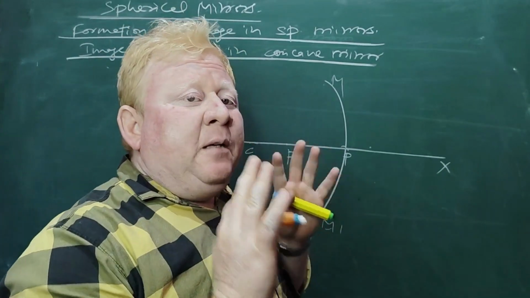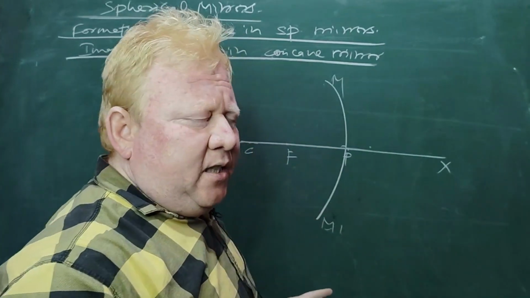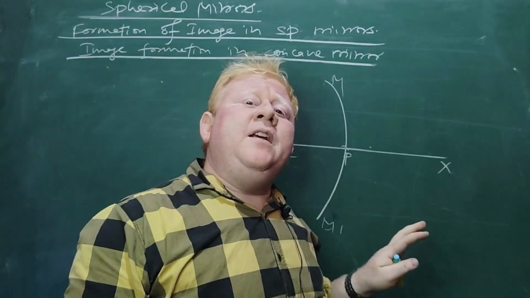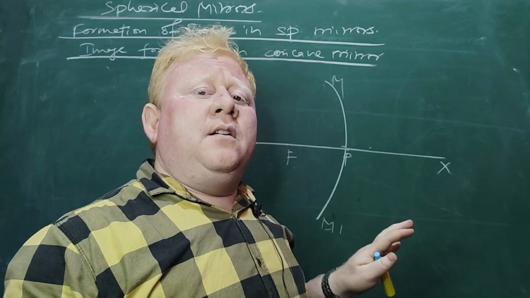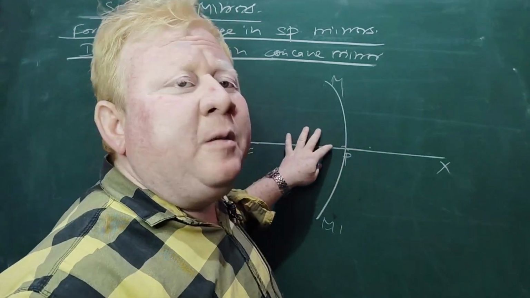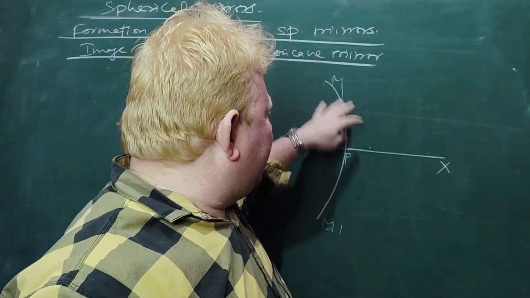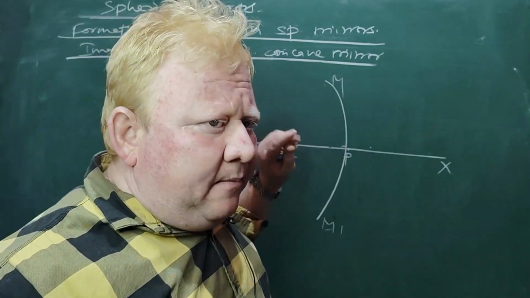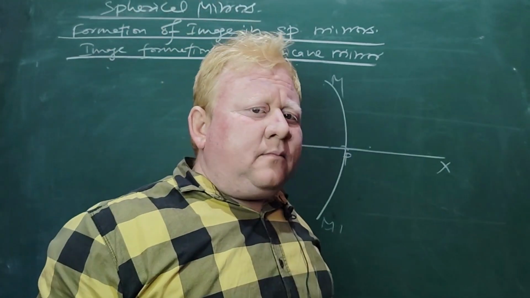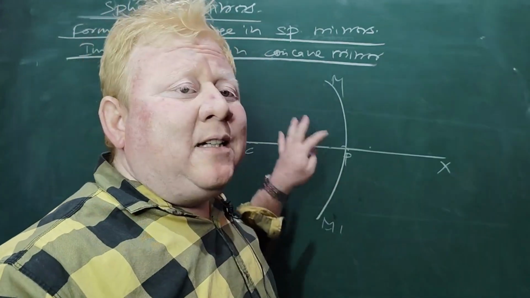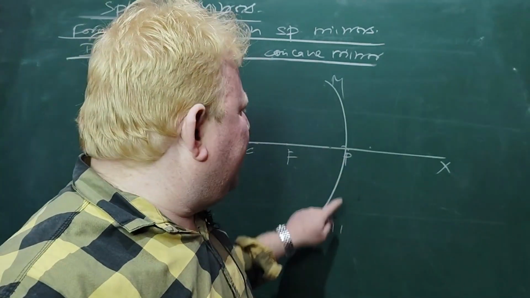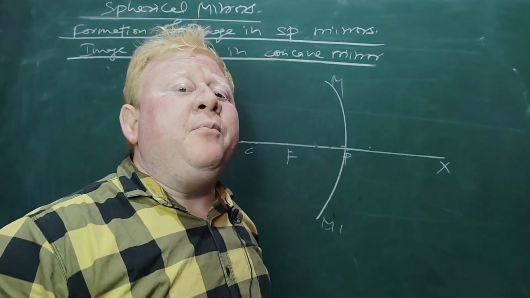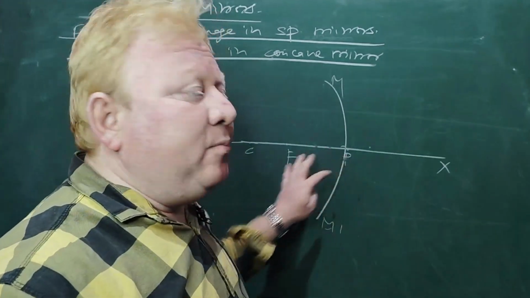So what is the nature of image formed for an object placed in front of the mirror?